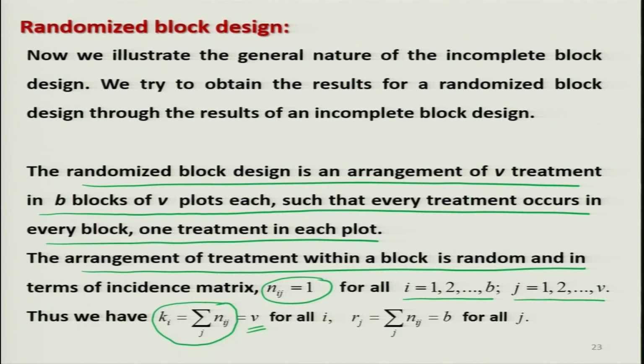And Rj, which is defined as the summation over i of Nij, will come out to be B, because every treatment is replicated in every block once and only once. So, you have a total of B blocks, and every treatment is appearing in each of the blocks. So, this Rj will become B for all j.